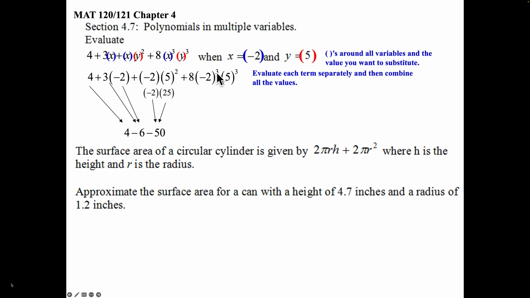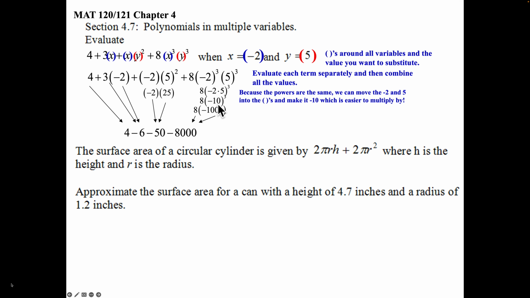So I have negative 2 to the third, 5 to the third. Because these two powers are the same, I can multiply the negative 2 and the 5 together and make that a 3. Now, why do I want to do that? Is because I know that 2 times 5 is a 10. And multiplying by 10s means you just add zeros to the end. So negative, I have 3 negatives, which keeps us negative. 10 to the third is a 1 with 3 zeros.